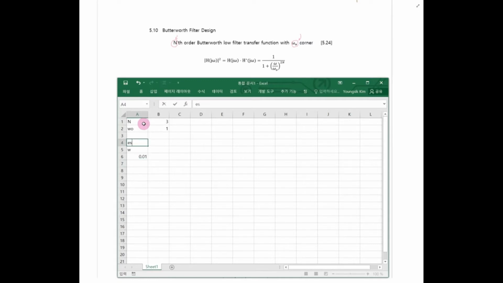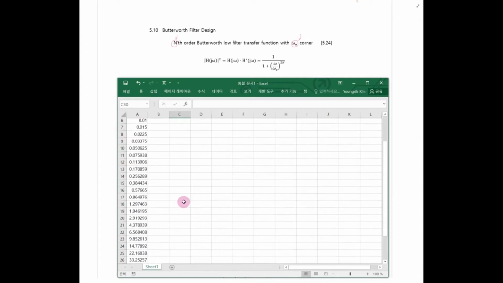The exponential step is 1 over 1.5, and plot. This one is actually a log scale if you're plotting like that. So I would like to check that up to 100 around here.